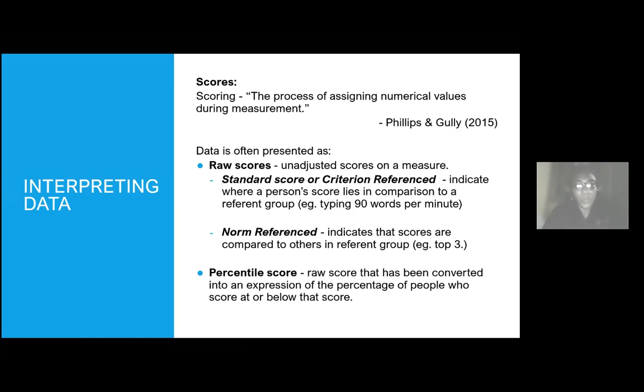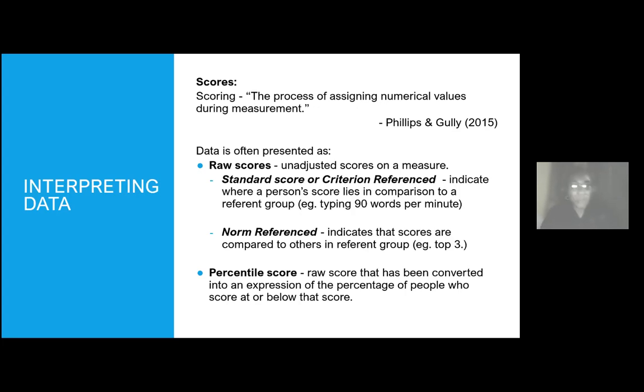Raw scores are just unadjusted scores on a measure. And raw scores are further broken down into standard scores or criterion reference scores. And standard scores just refers to where a person's score lies in comparison to the reference group. So a candidate who types at 90 words per minute, that's what you have to refer to for that score.